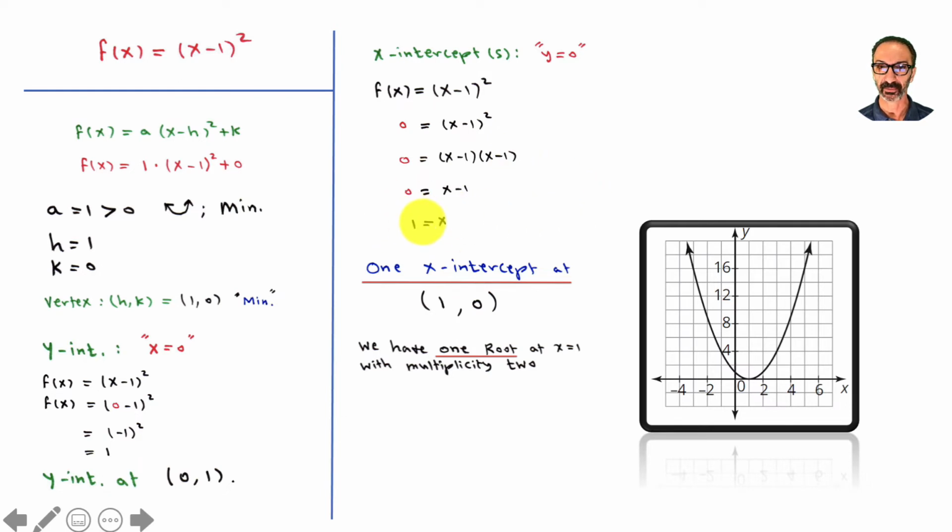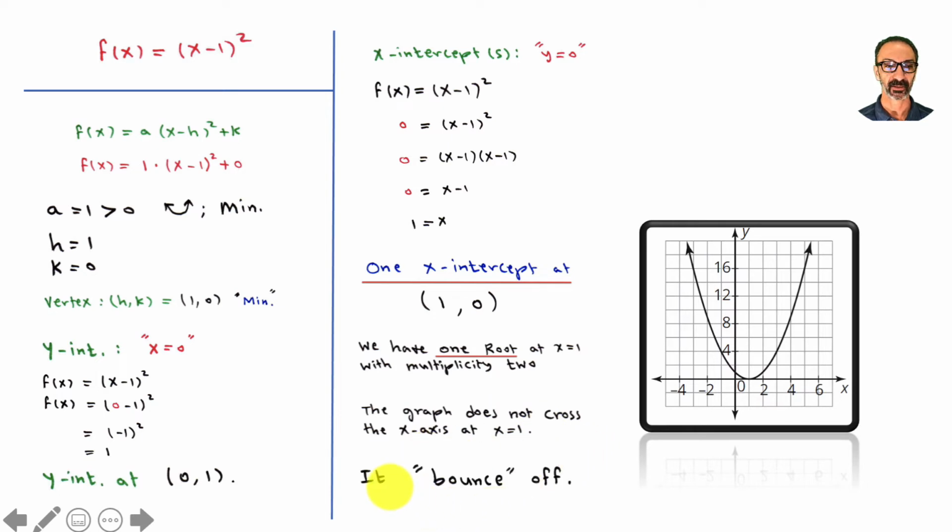We just write 1, but it's good to know that we call it a multiplicity of 2. Graphically, that's not a normal root where you cross the x-axis and go to the other side. No, you just touch the x-axis and bounce off. The graph does not cross the x-axis. It bounces off. Alright?